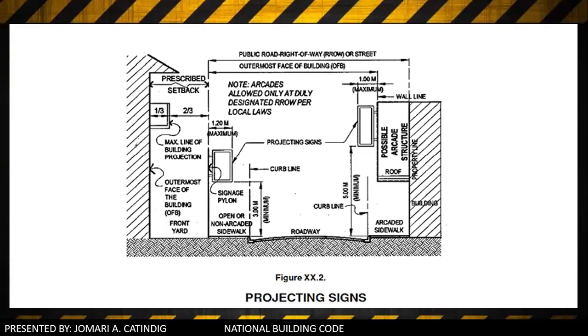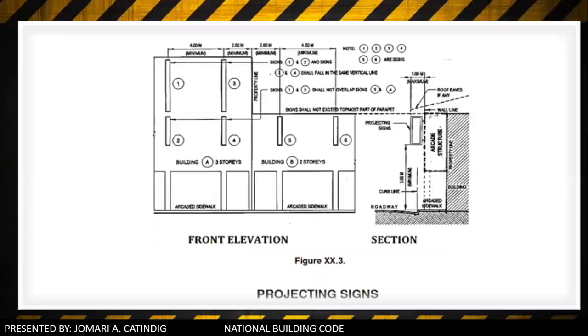Next is again projecting signs. The erection of electric neon signboards or other advertisements of similar nature projecting over roadways or public streets shall be allowed provided that, first, the clear distance between the signboards erected on one building is not less than 4 meters.